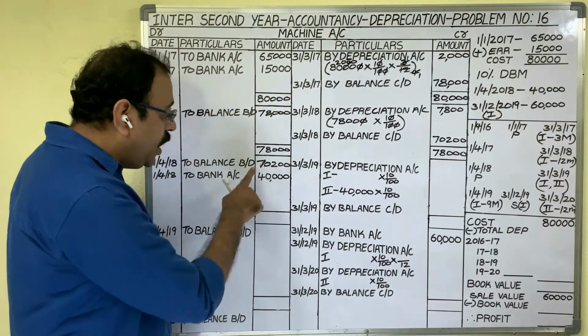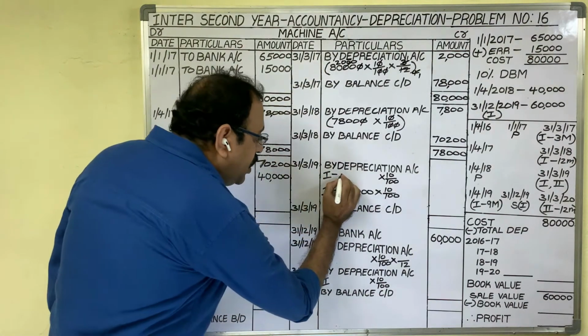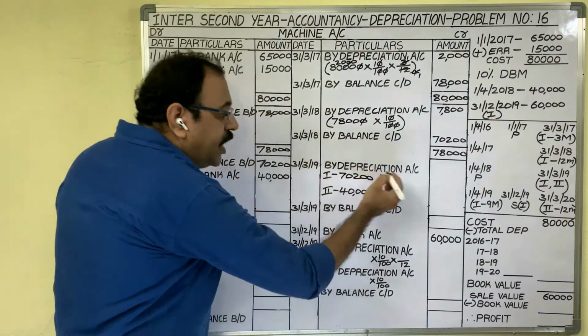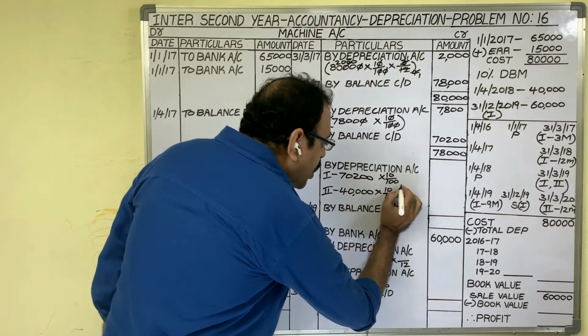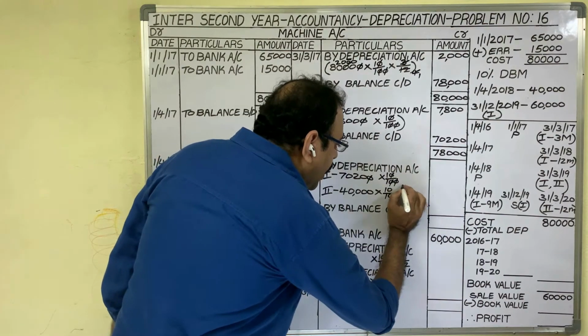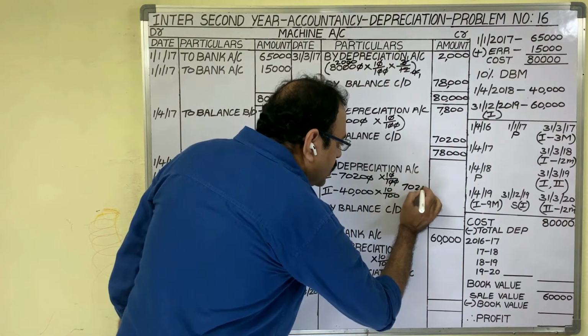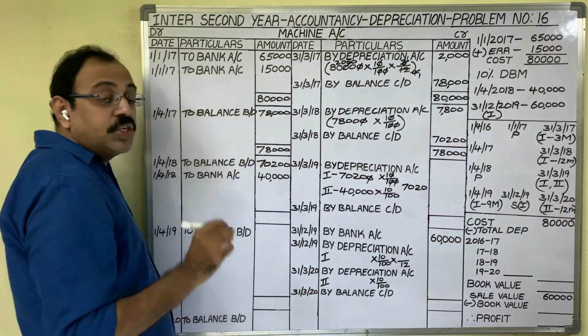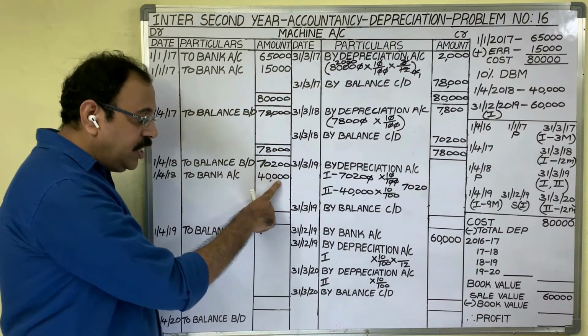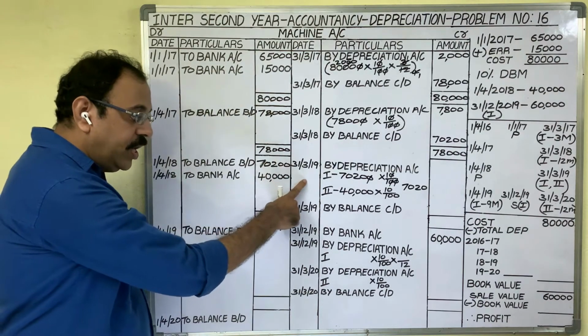First asset opening balance is 70,200. On that 10% becomes 7,020. I am writing here 7,020 is the depreciation on first asset. Second asset cost is 40,000. It is used for full year.